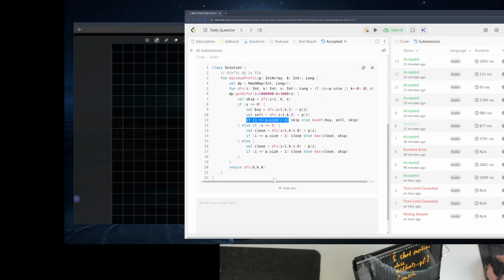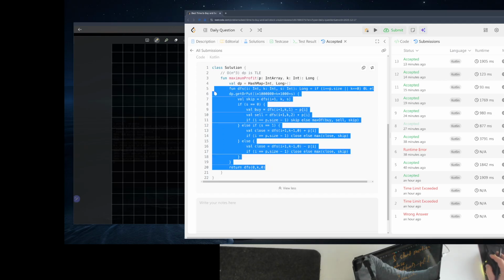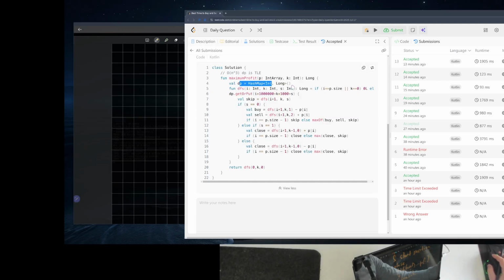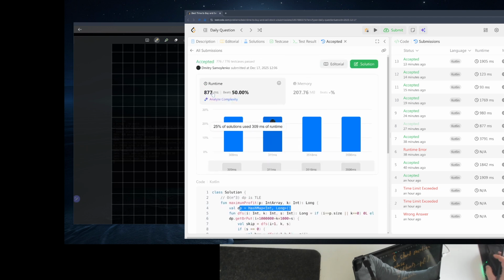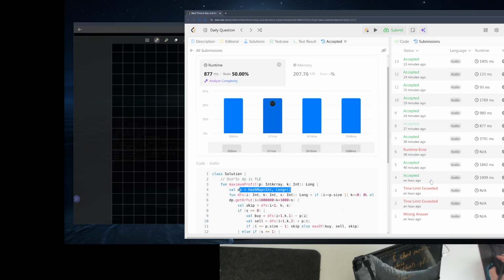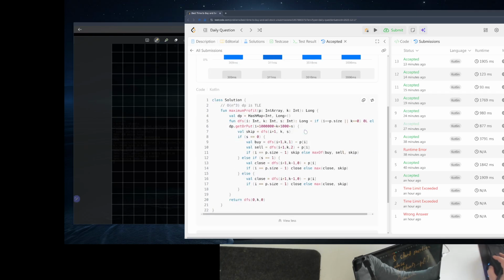So this is how you rewrote basically the same search with a single hash map. Now it's actually much faster than the first, which took almost 2 seconds. This is about 1 second, but the hash map is kind of slow.